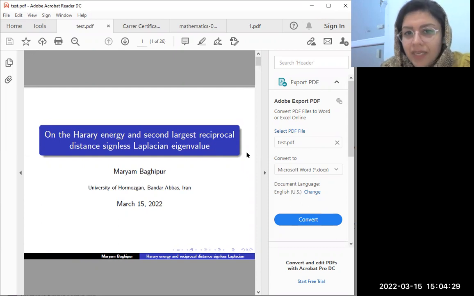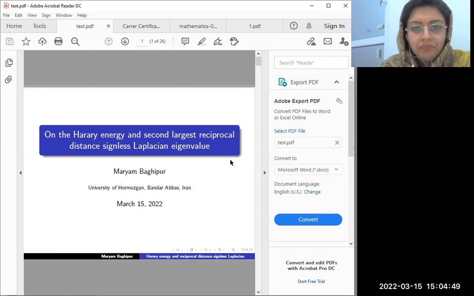Several matrices can be associated to a graph, such as adjacency, distance signless Laplacian, distance Laplacian matrix, and so on. The spectrum of these matrices gives us some information about the structure of the graphs.